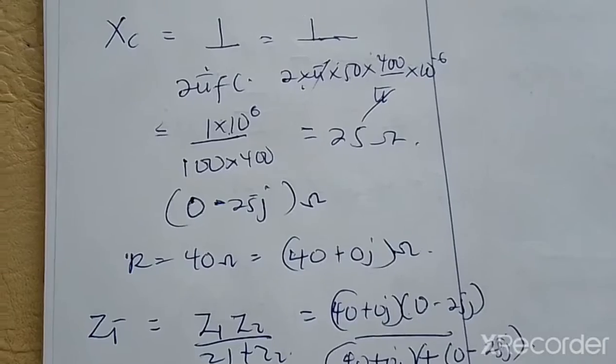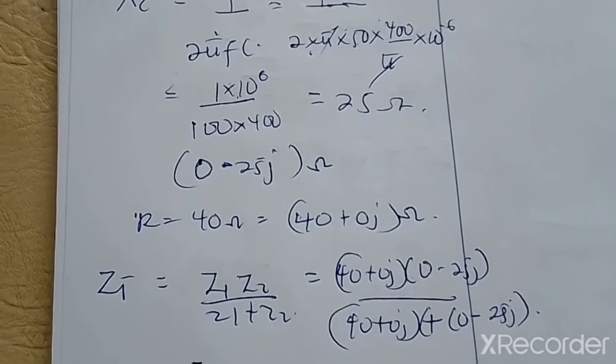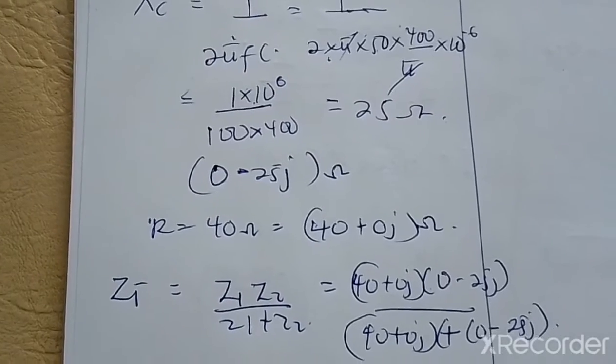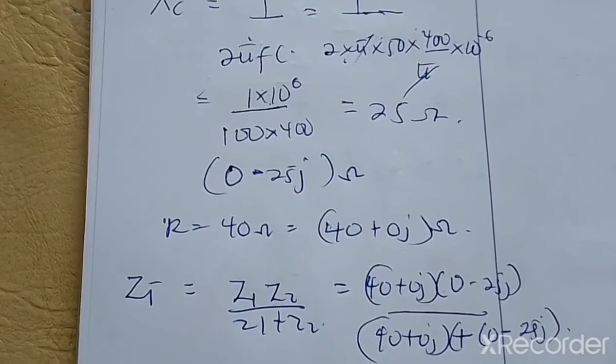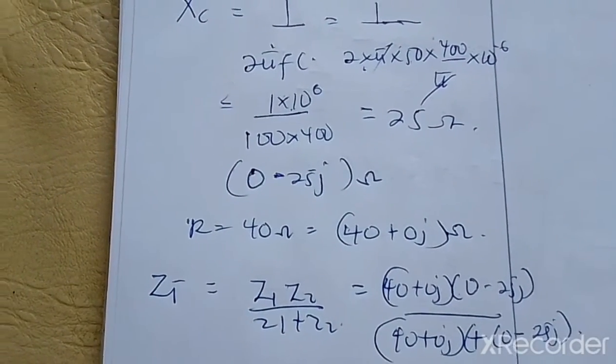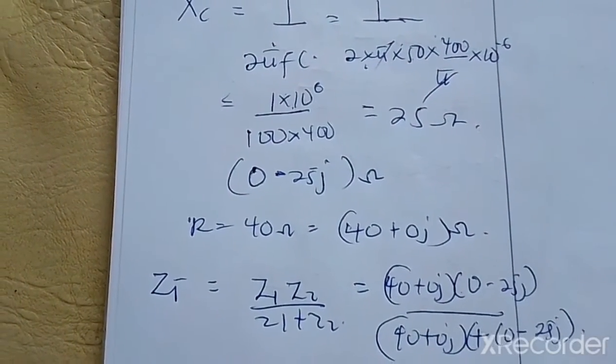So set your calculator to the complex mode, then you punch this, which is the same as 40 times negative 25i over 40 plus negative 25i.